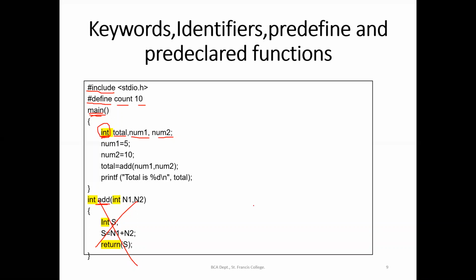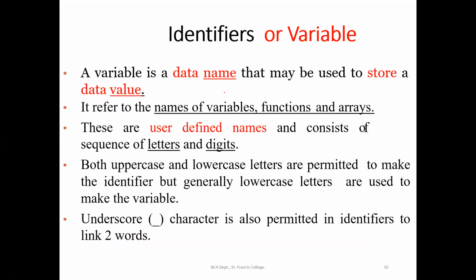We will see what a variable or identifier is in the next slide. So here we are using only one keyword called int, and another keyword we have used in this sub-function is return. Understood? This program you just ignore. I am just showing which are the keywords in this program.